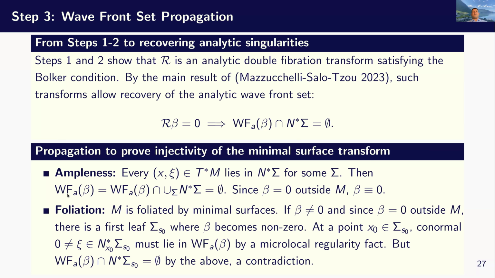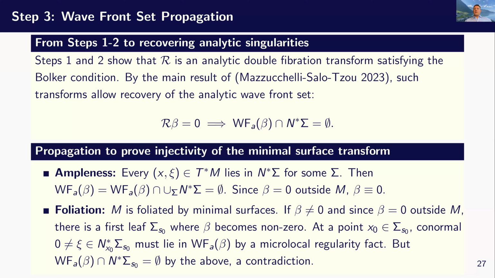The analytic wavefront set of beta is exactly the same as the analytic wavefront set of beta intersected with the union of all conormal bundles over minimal surfaces. This union here is just the full conormal space. So you just take the union outside, and then you have a union of empty sets, which is the empty set, which means that beta is analytic. As beta was 0 outside of M, it follows that beta is 0 everywhere.